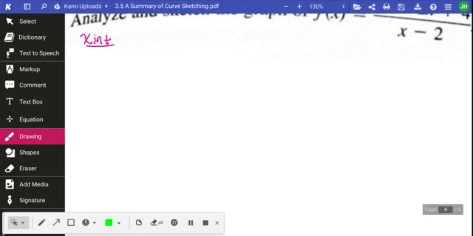So I set the whole thing equal to 0, but fractions are only equal to 0 when the numerator is equal to 0. So we've got to consider where this is going to happen. Okay, so you could try to factor it. It's not factorable. So then we could try the quadratic formula.